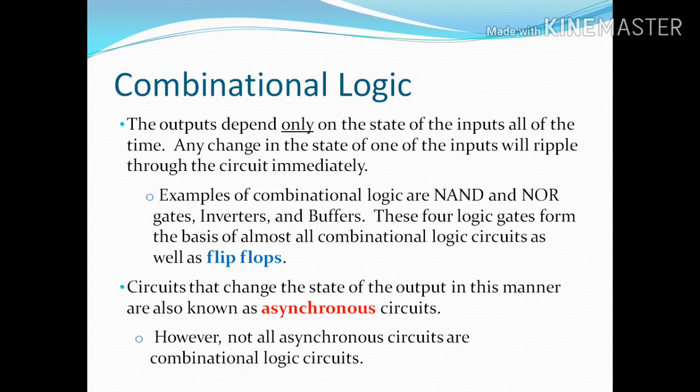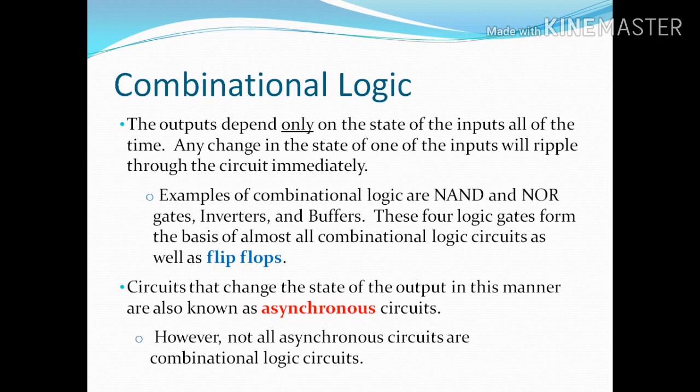Combinational circuits that change the state of the output are known as asynchronous circuits. However, not only asynchronous circuits are combinational logic circuits. So, at a glance, we can say that for combinational logic circuits, the input is the only factor for the output.